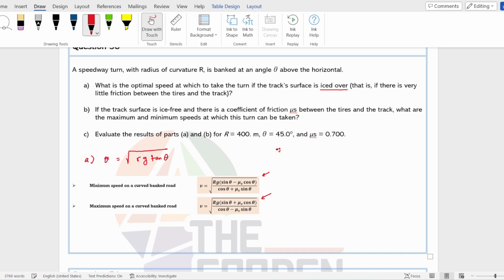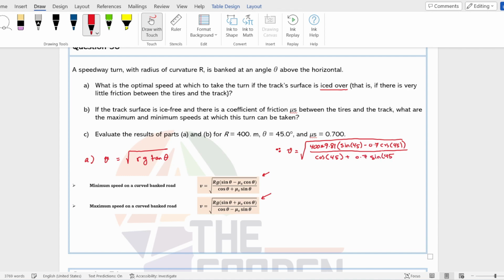For the first one, the minimum speed, we say that V is equal to the square root of the radius of curvature, 400, multiplied by 9.81, which is g, multiplied by sine of the angle, given as 45 degrees, minus 0.7 cosine 45 degrees, divided by cosine 45 plus 0.7 sine 45.